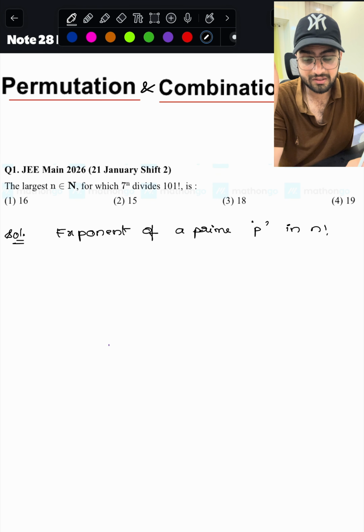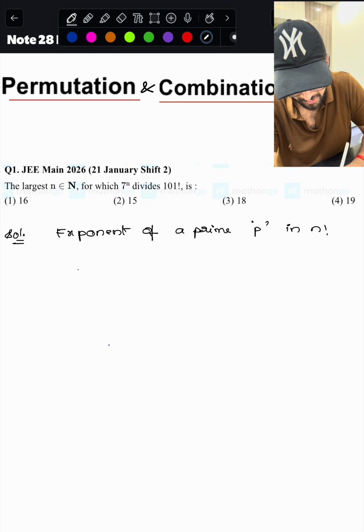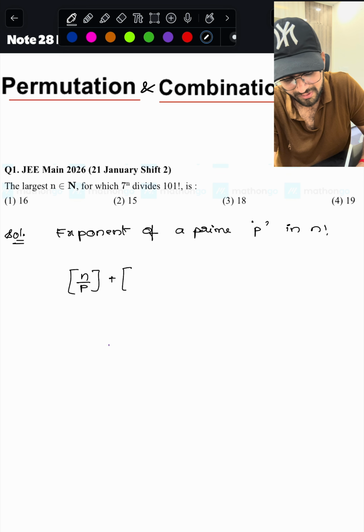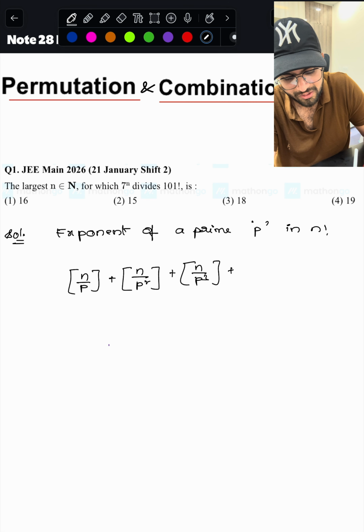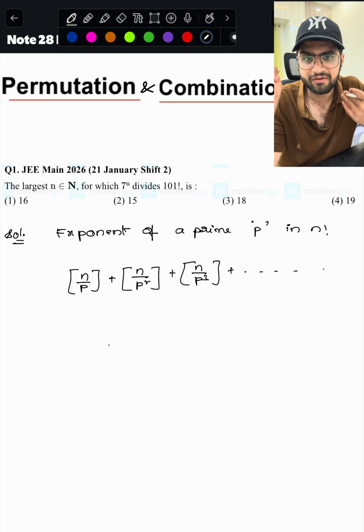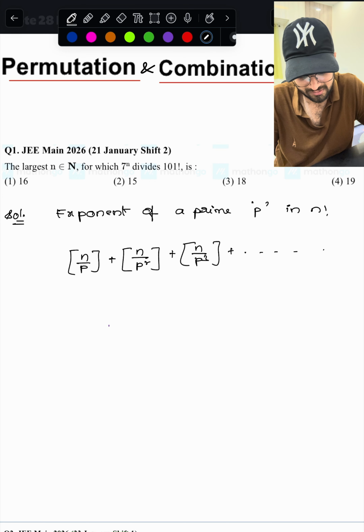The formula for this is: exponent of a prime number p in n factorial is box of n by p, where box means greatest integer function, plus box of n by p square plus box of n by p cube and so on. Eventually at some point it is going to be 0, and after that everything else will be 0. This series will be there.